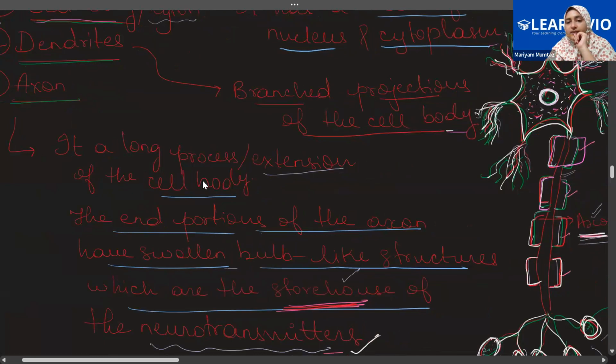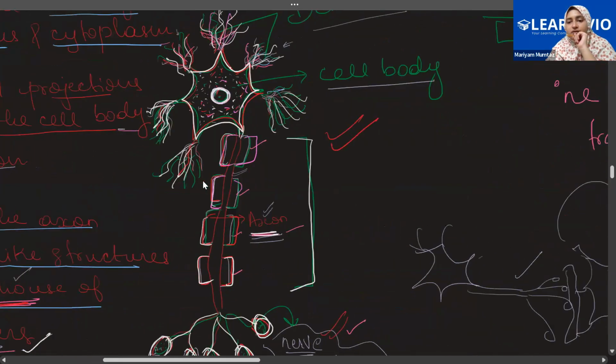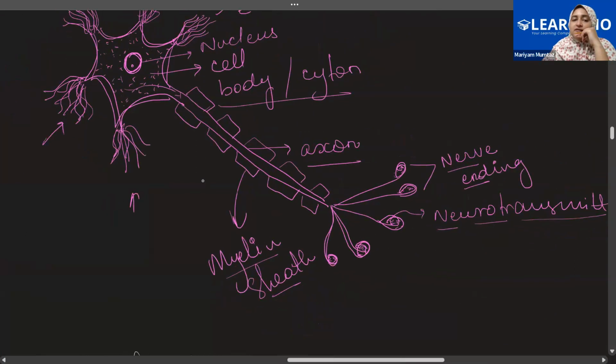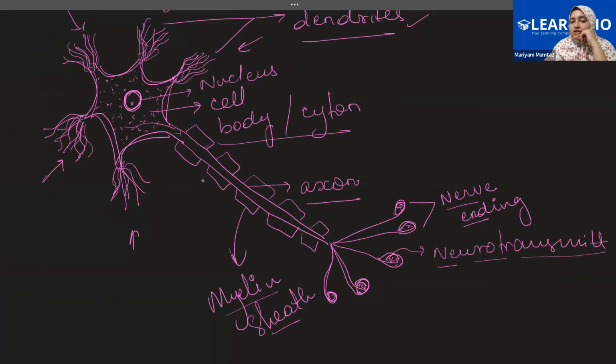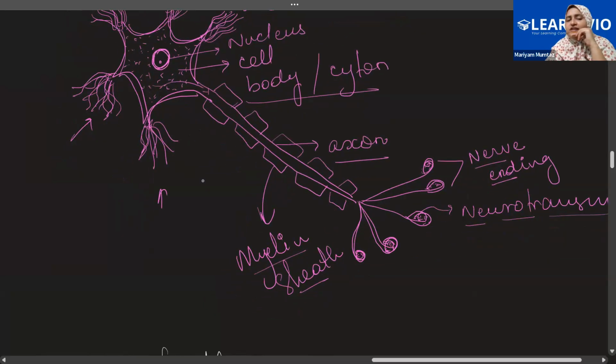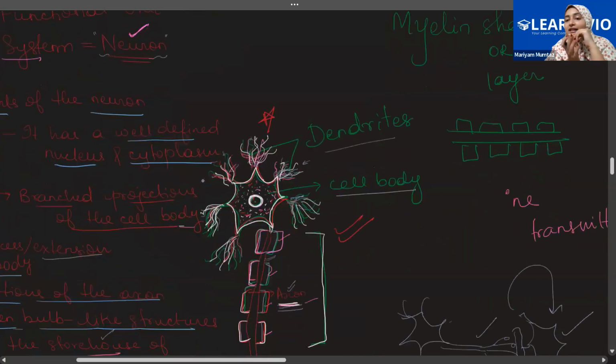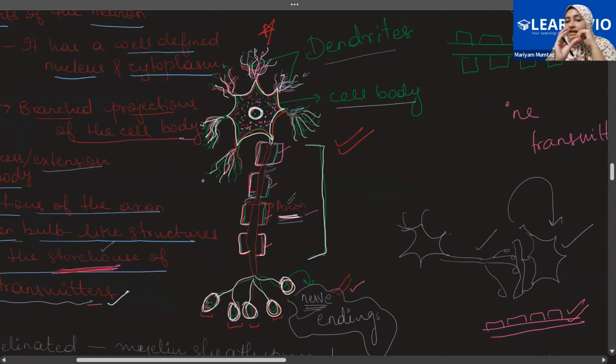Okay. Now see, when we talk about this particular neuron, you might have seen that there are box-like structures present on it, right? Yes, ma'am. These box-like structures are not just made that way. These are the myelin sheath, meaning it is a layer present on the axon.